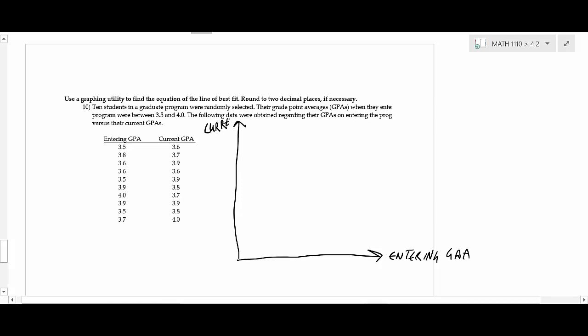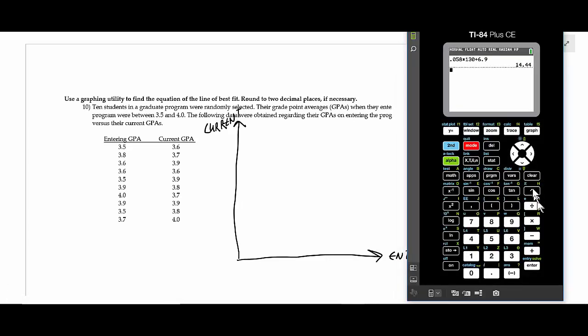You don't have to do the scatter plot. Mainly what I want you to do on this is just do your regression, get your calculator out, put your data in, do your regression equation on that then. Just one more time, and then that's all the time we're going to spend on that. Again, you can type over the data. That's fine if you do that.